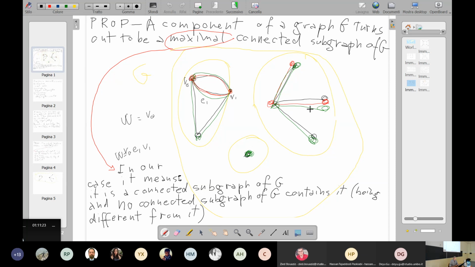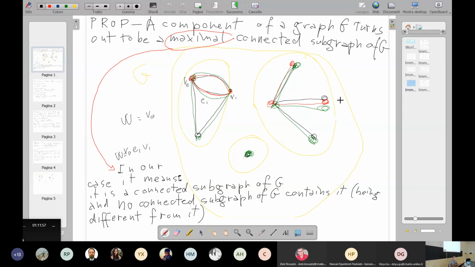If I take this vertex, this edge, and this edge, we also have a connected subgraph of G. Why? Because if I take this and this vertex, are they connected? Sure, by this path. This and this vertex, yes, by this path. This and this vertex, yes, by this length 1 path.